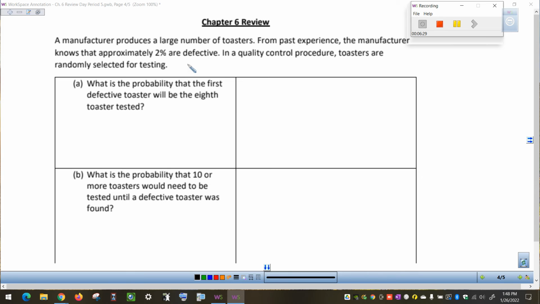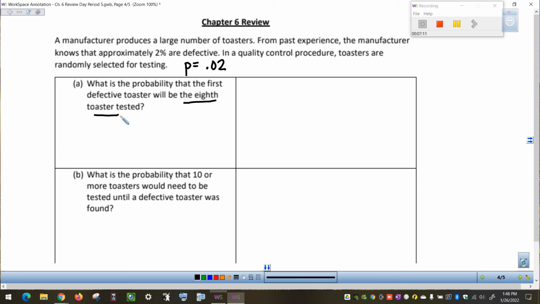So from the problem here, we can say, all right, well, the probability that a toaster is defective, because it says that 2% are defective, it's going to be 0.02. And we want to know the chance that the first success occurs on the 8th toaster.